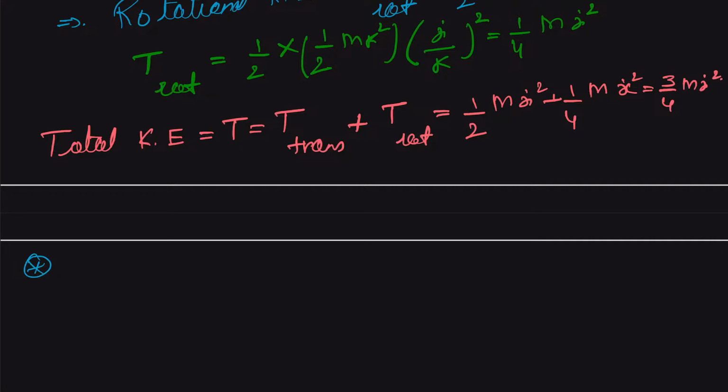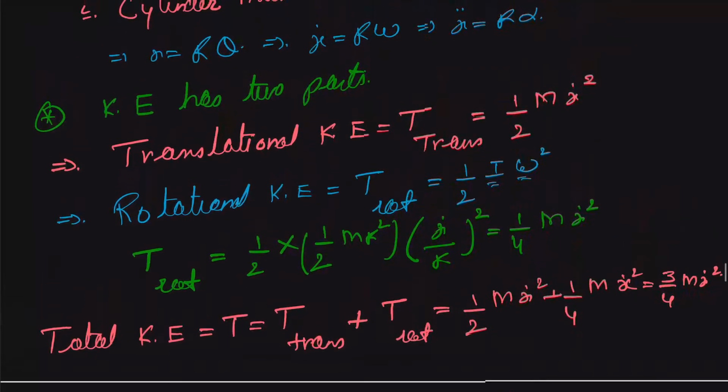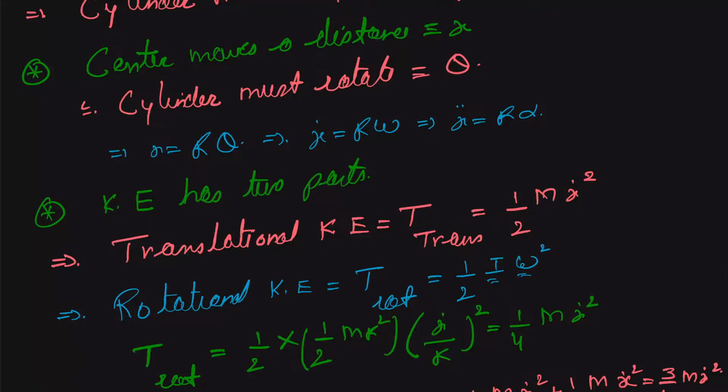The spring stores the potential energy, let us call it V. Then V will be equal to half k x square, because the spring will be stretched by a distance x, the horizontal distance moved by the cylinder.